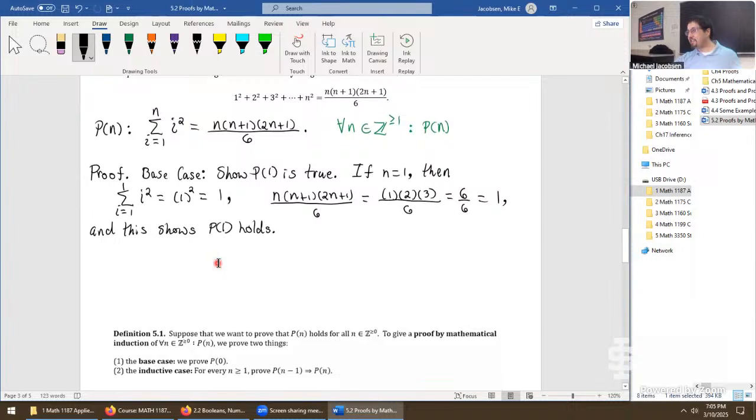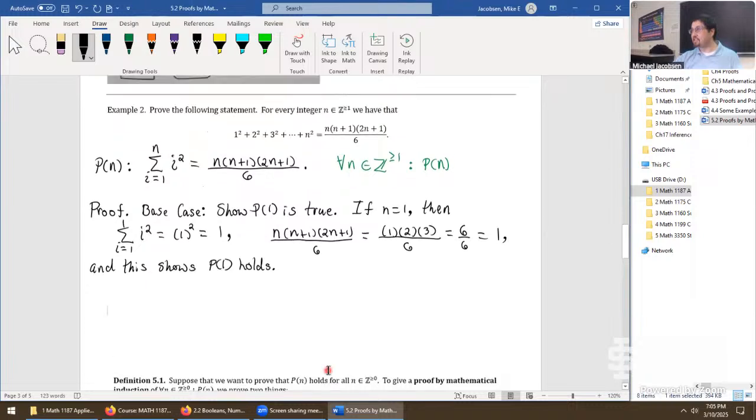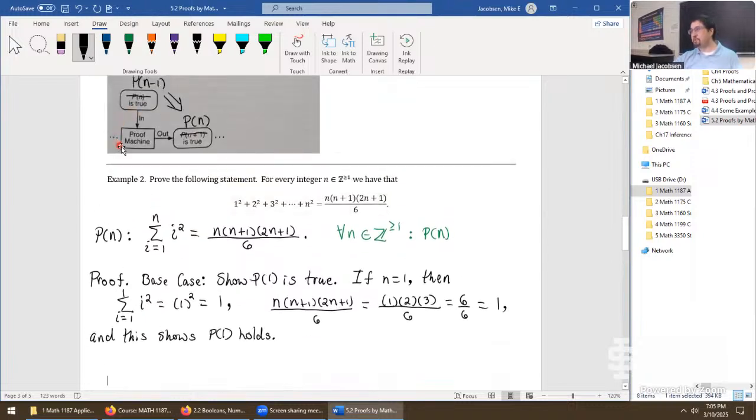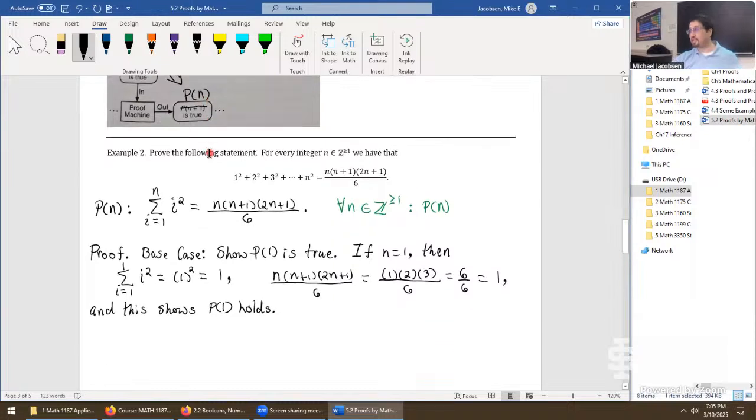But like we mentioned, oftentimes that's the easy part of all this. The inductive case is where a lot of the thinking and mathematical fighting and sometimes a lot of algebra actually happens. And that's the so-called proof machine. In this diagram here, if this resonated with you, we're trying to connect P of n implies P of n minus 1 implies P of n is true.